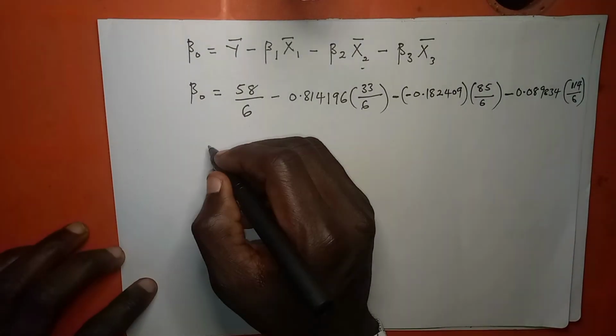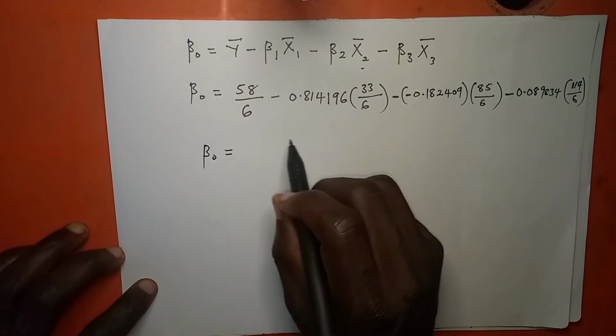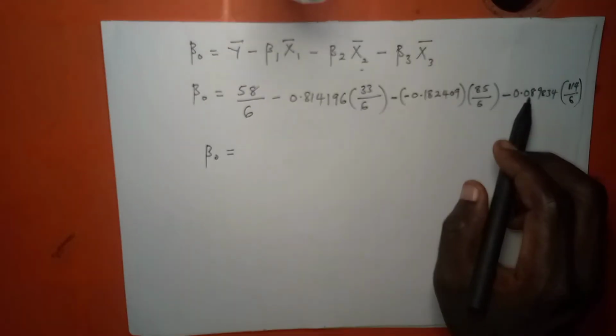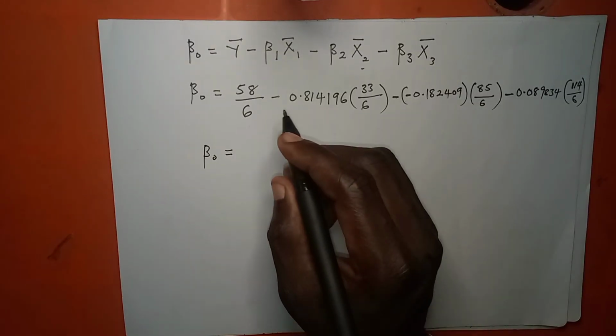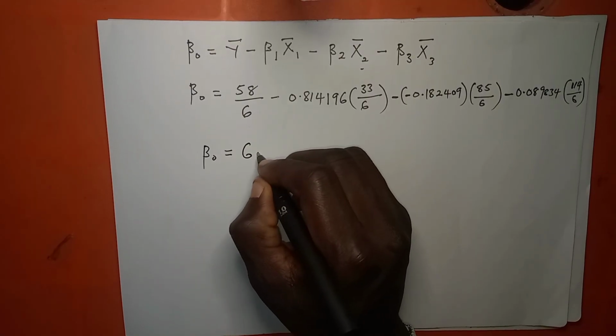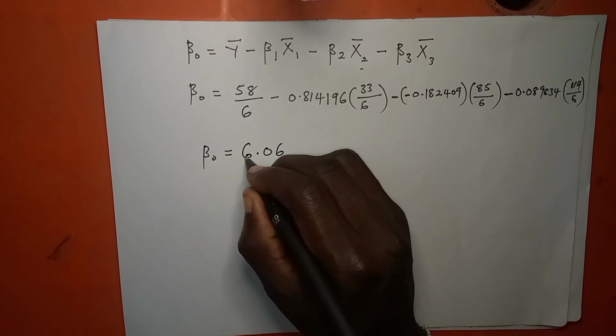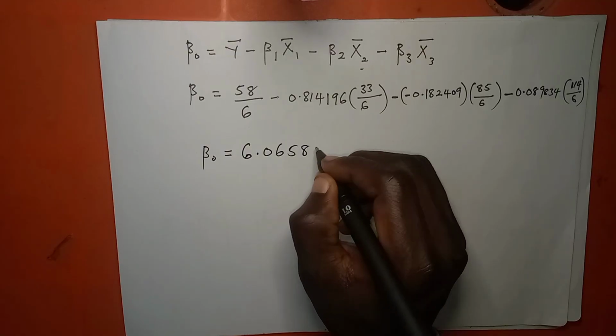So beta naught from here, if you calculate all of this together, is equal to 6.065870.